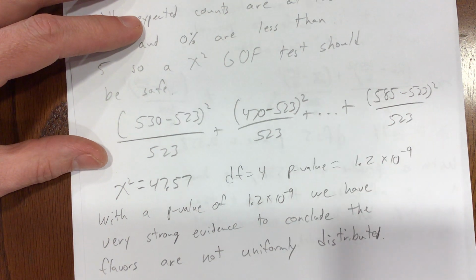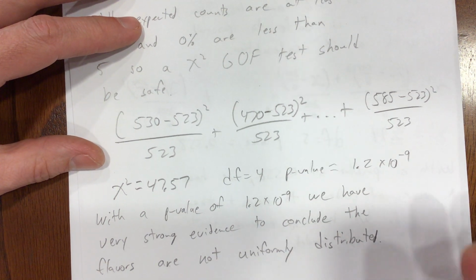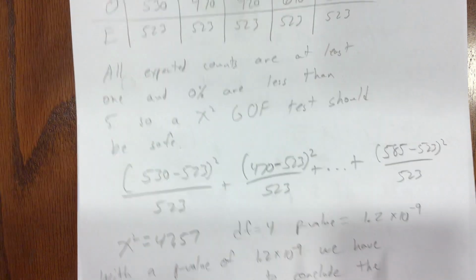And there we go. Another chi-square goodness of fit. All right, so hopefully these are pretty easy. Let's keep rolling.